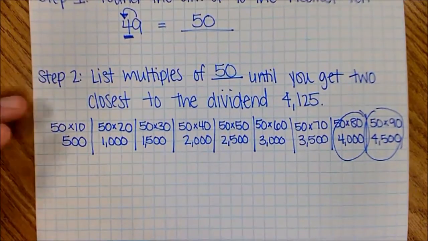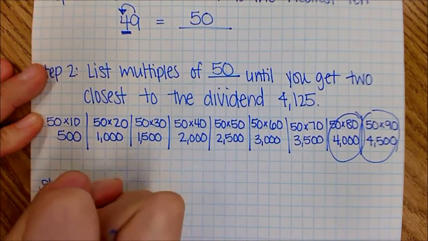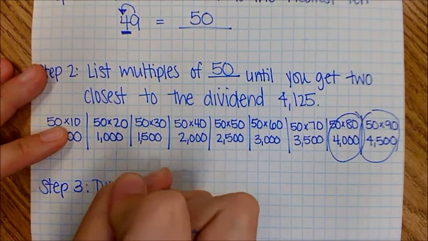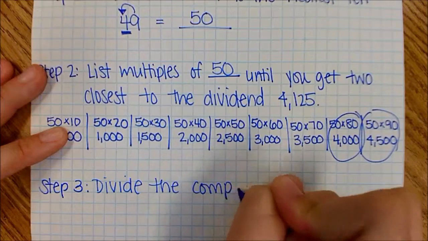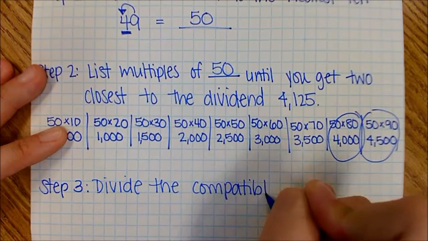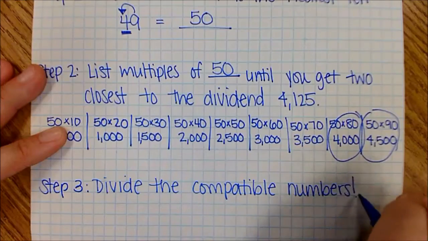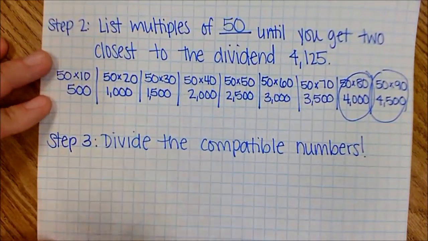So step 3 now. My step 3 is going to be divide the compatible numbers. So now that I have 2 that are pretty close, I'm going to write them.